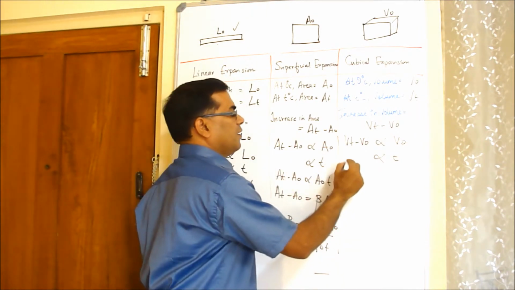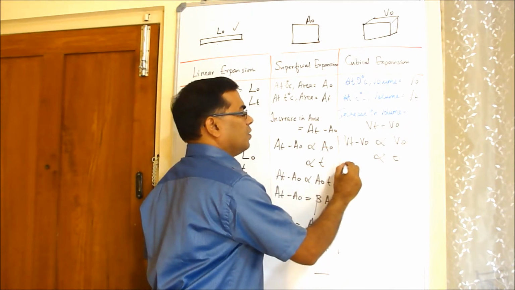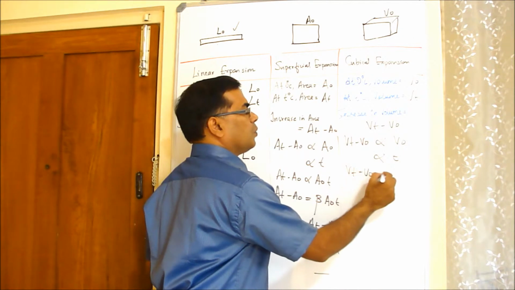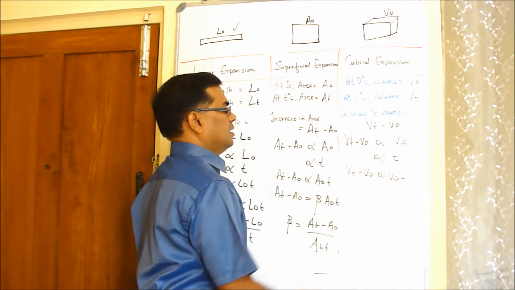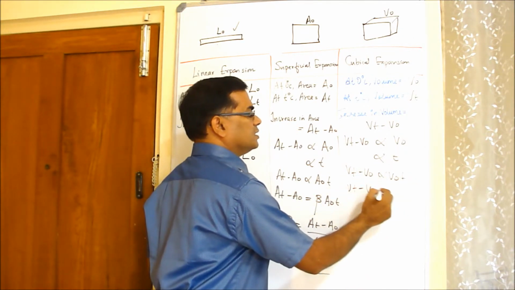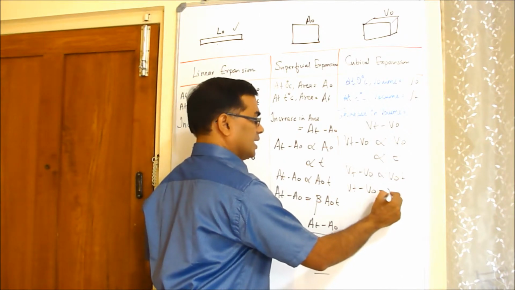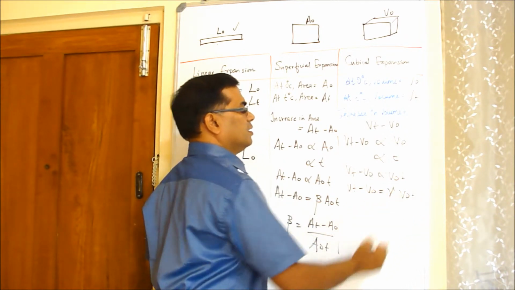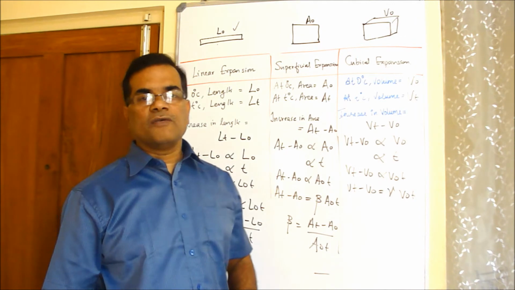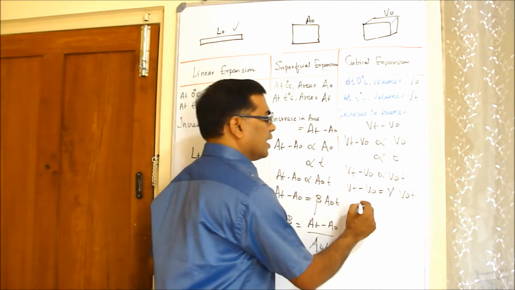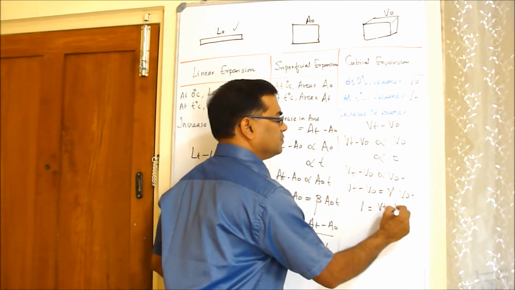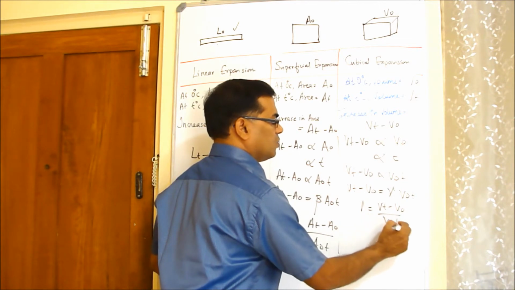Writing it together, Vt minus V0 is proportional to V0T, or Vt minus V0 is equal to a constant gamma into V0T. Gamma is called the coefficient of cubical expansion. Gamma is equal to Vt minus V0 divided by V0T.